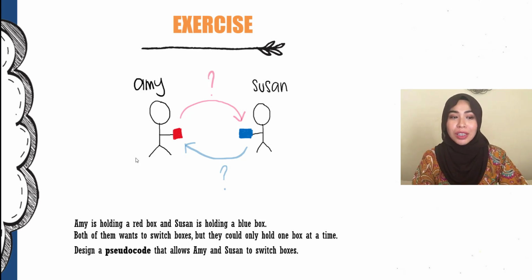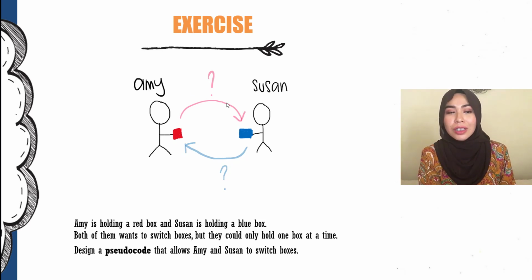Amy wants to give the red box to Susan and Susan wants to give the blue box to Amy. So how can they do that if they only have one hand and the hands they have are holding the boxes? There is a way for you to solve this.